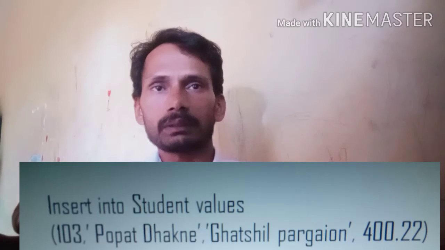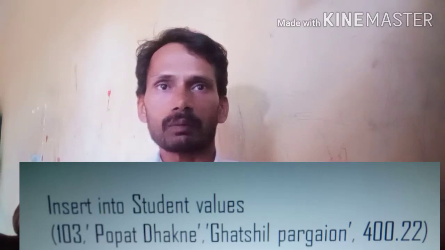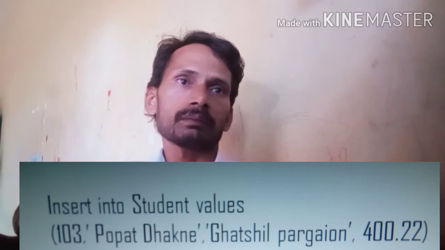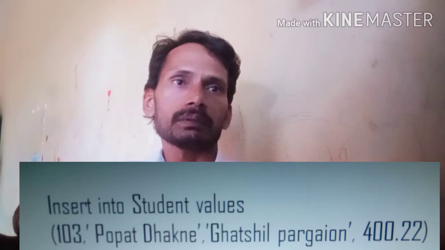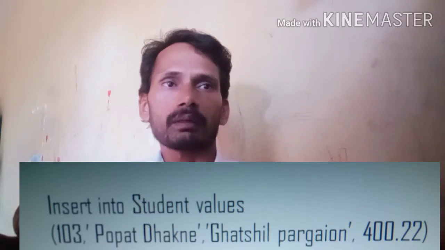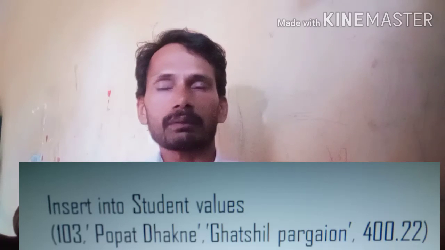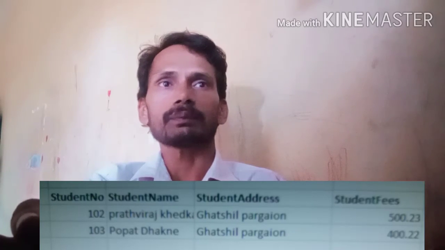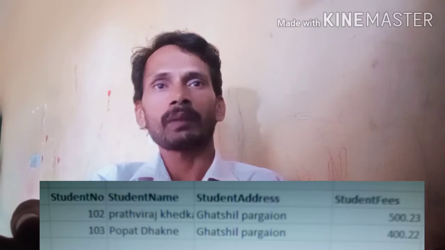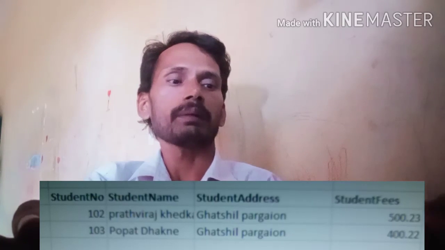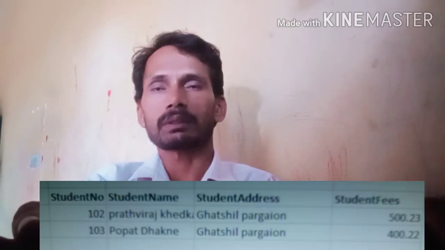After that the address will be the same, Gachil Pargo, in single inverted commas. And after that, again 400.22. Okay, so like this we can add another row also, and we can add more and more rows. We can complete our table.